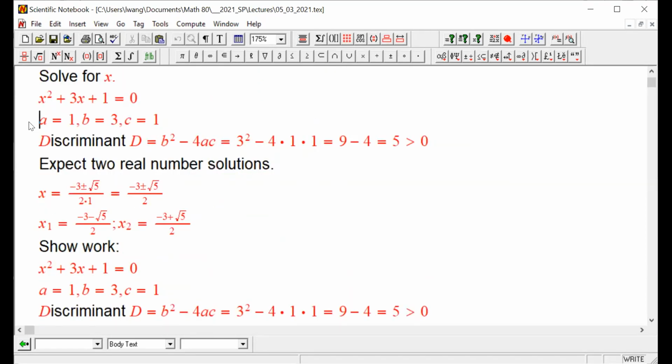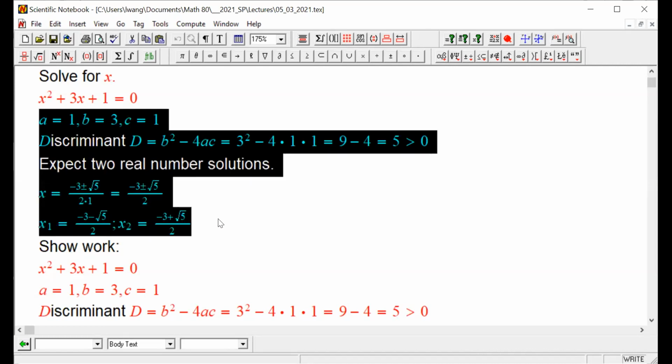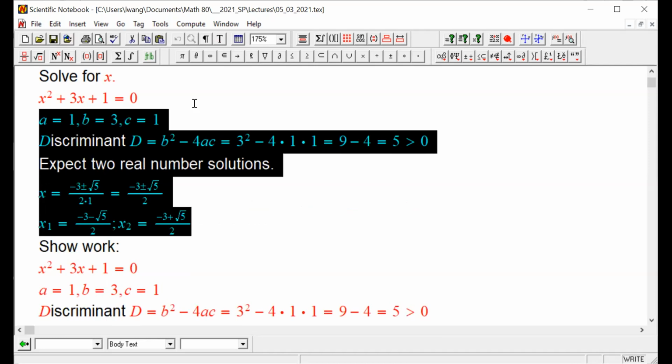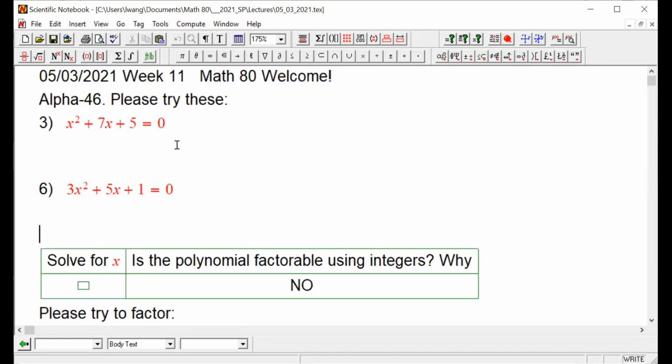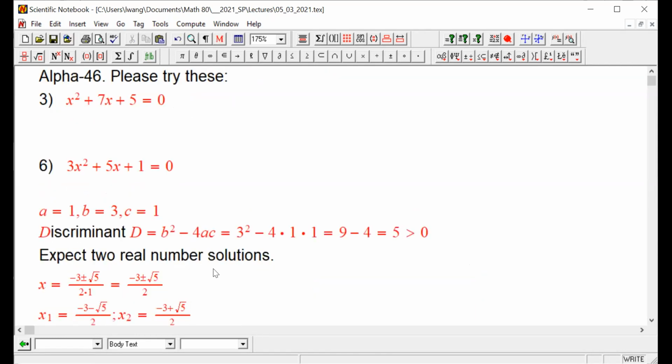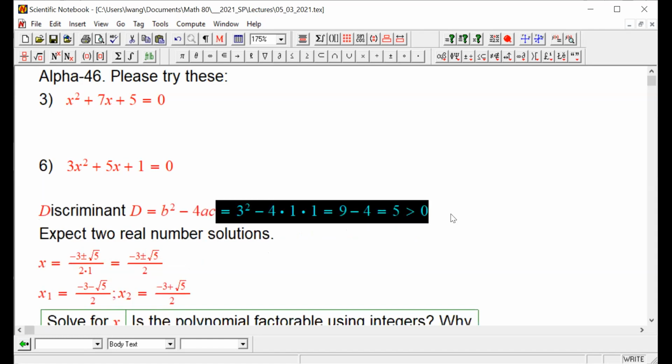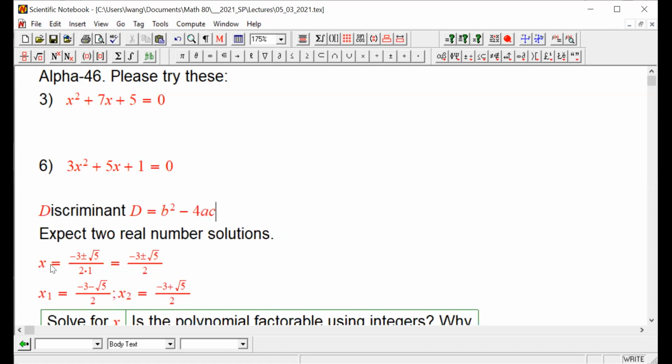Basically we want you to identify the ABCs and just use these procedures. Identify ABC, do the discriminant, and plug into the formula.